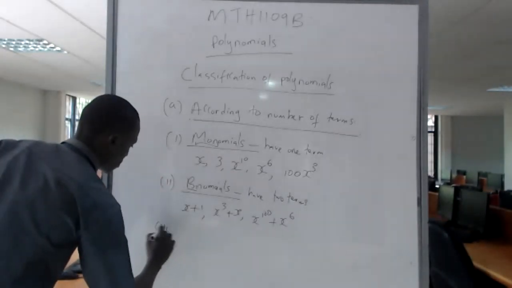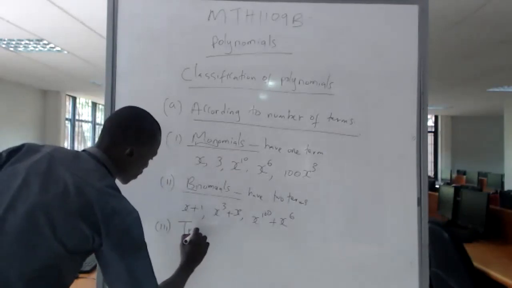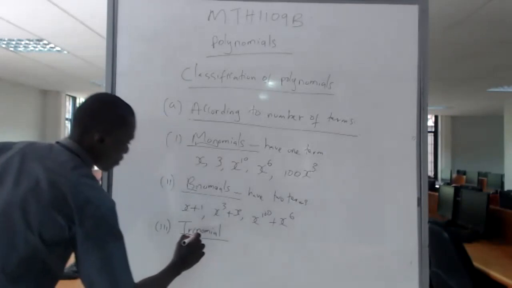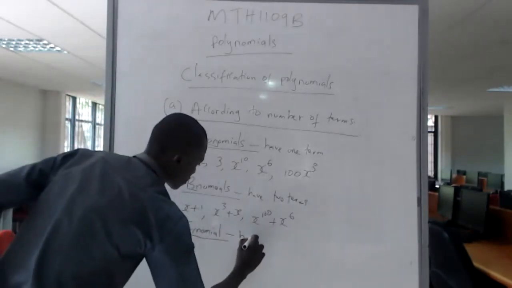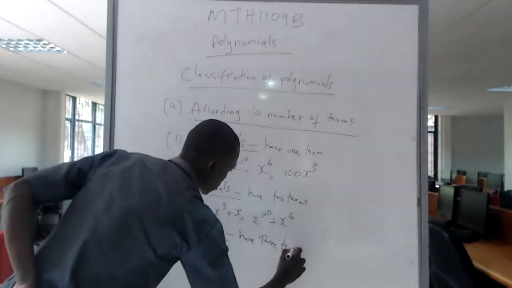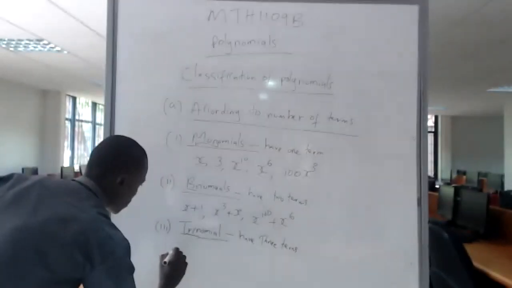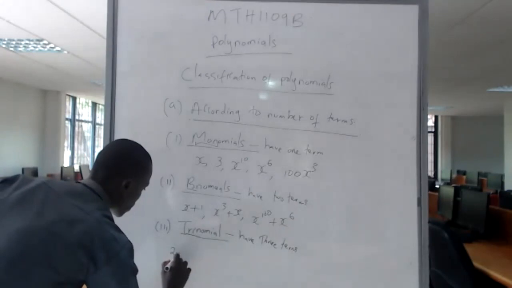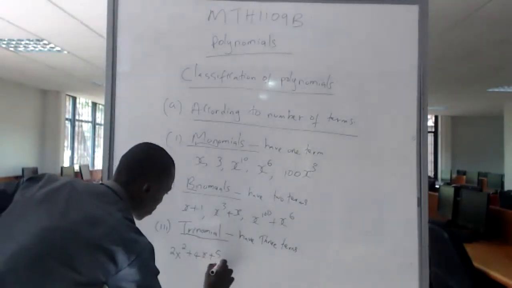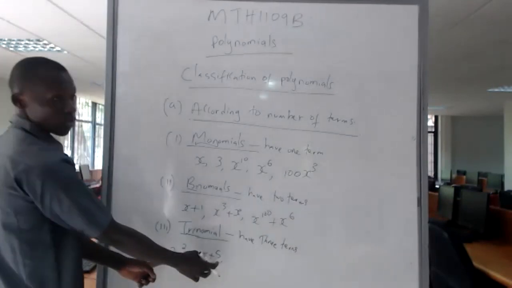Then proceeding in a similar fashion, we have trinomials. Tri from the word three, these ones have three terms. An example, 2x squared plus 4x plus 5 has three terms, so it's a trinomial.